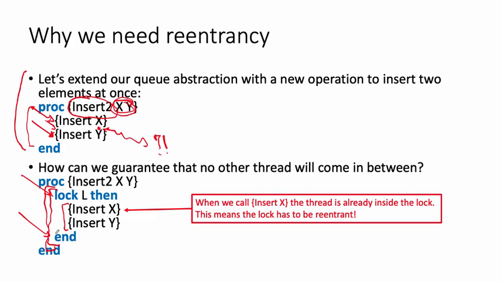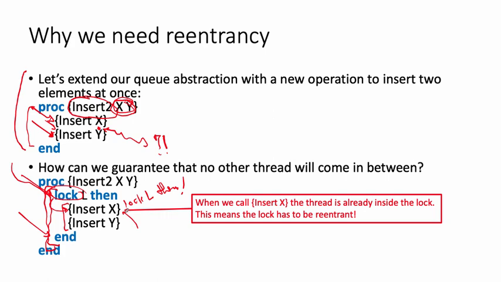But we have to be careful here, because when we go in and we enter this lock, when you call insert, there's another lock inside the insert. So what should happen? Well, logically, we are already in the lock. So if we try to go in again, it should be okay.